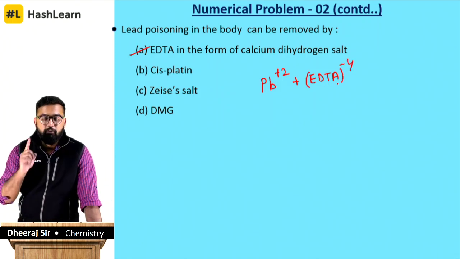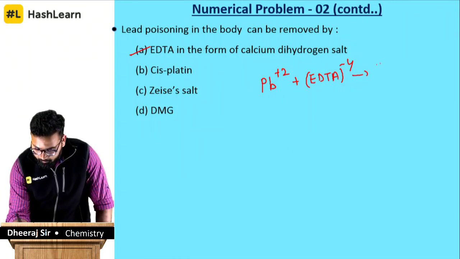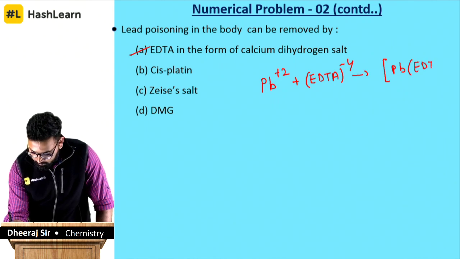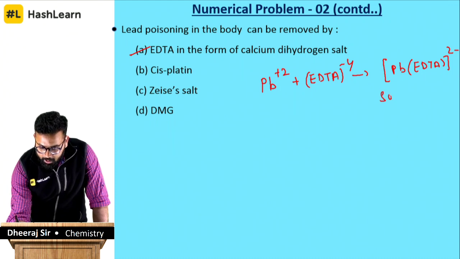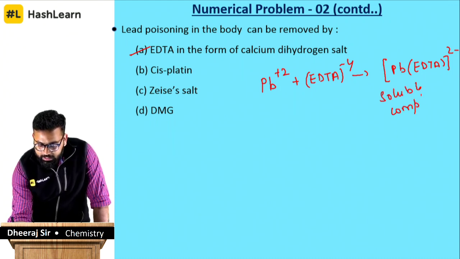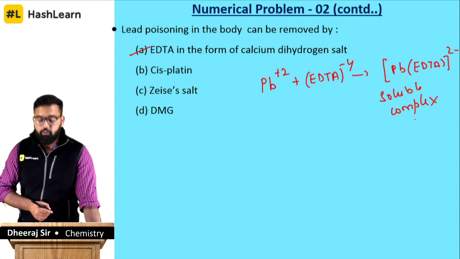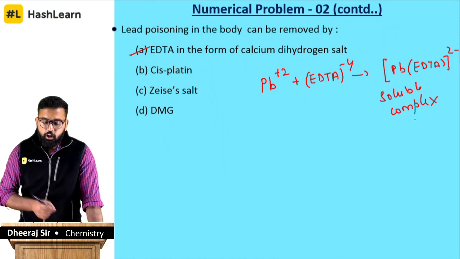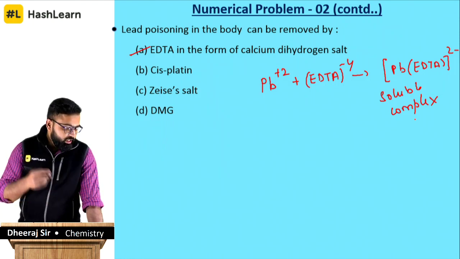The four acetates are going to have -4 charge, and when they combine, you will have Pb EDTA 2 minus. And the best part is it is a soluble complex, hence it gets excreted out of the system. So since it's a soluble complex, that helps in removing the lead poisoning in the body.